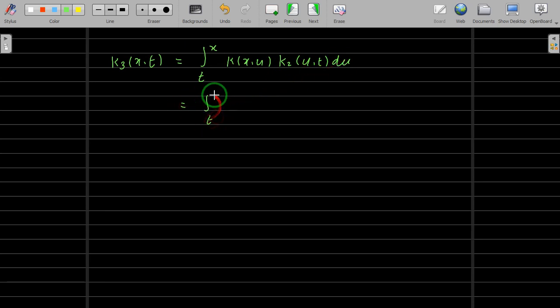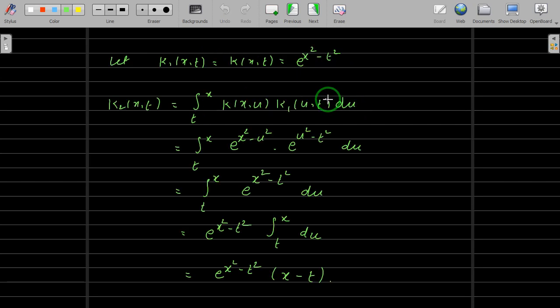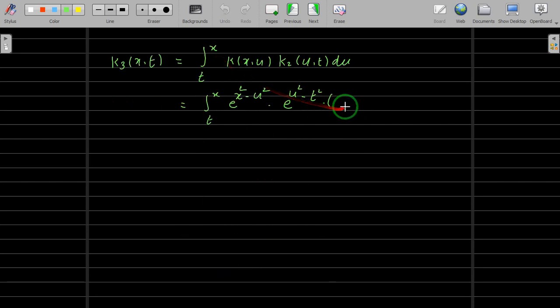The k value is e raised to x square minus u square, and this is e raised to u square minus t square into x minus t, so u minus t, du.